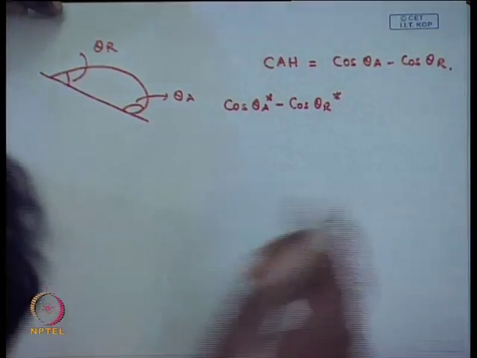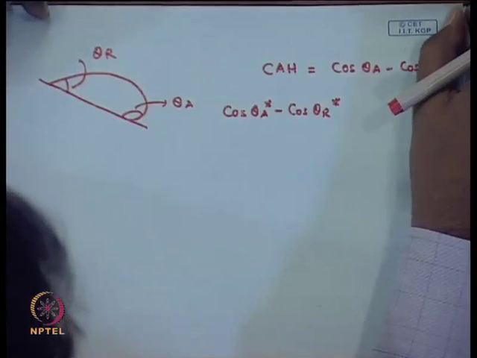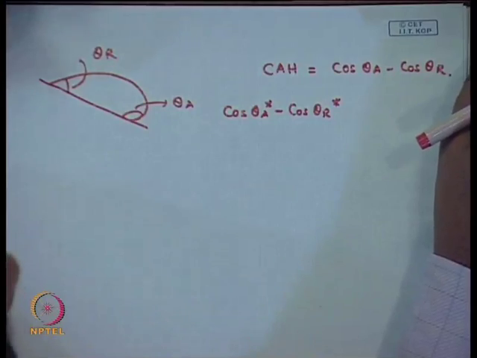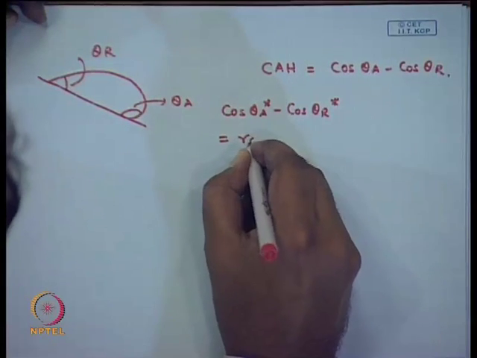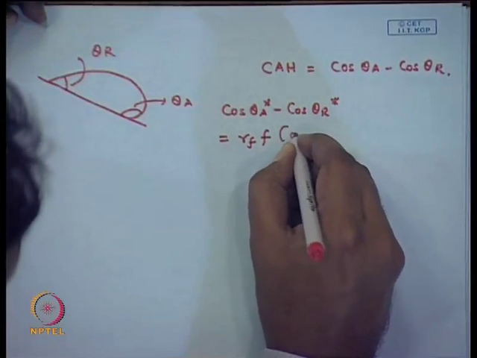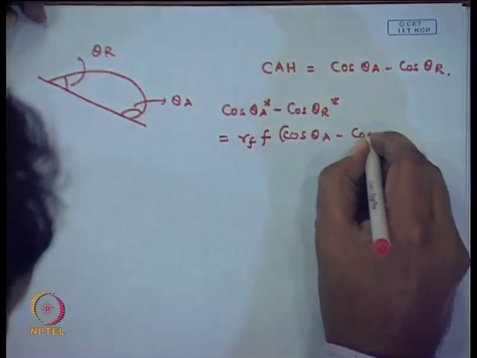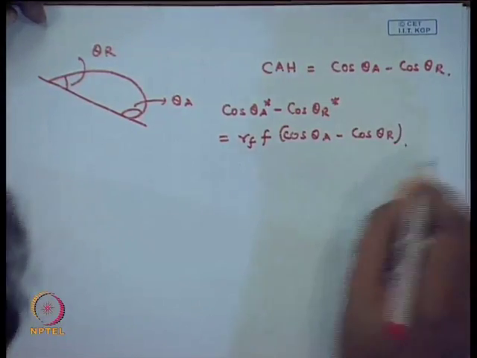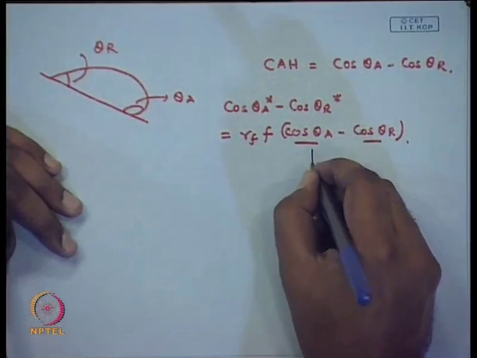So, if you write it in terms of the Cassie equation, because that is the more general equation, since we have seen that by substituting f equal to 1 in the Cassie-Baxter equation you can get back to the Wenzel equation, let us write in terms of that. So, what you get is, where theta a and theta r are the advancing and the receding contact angles.